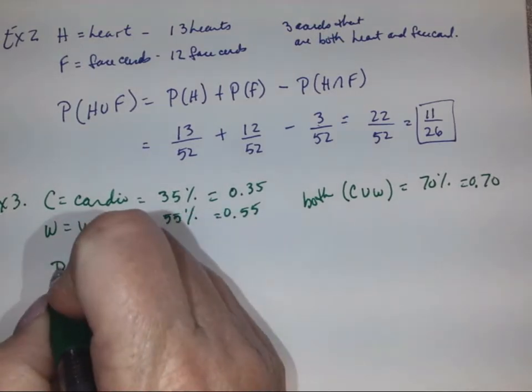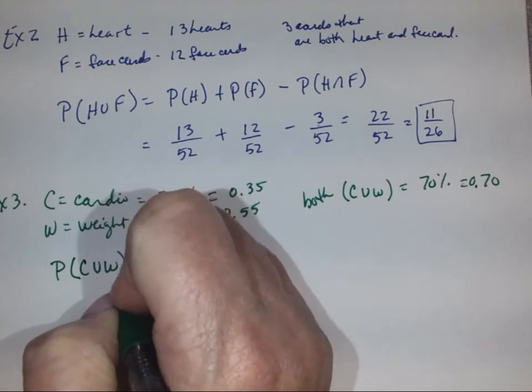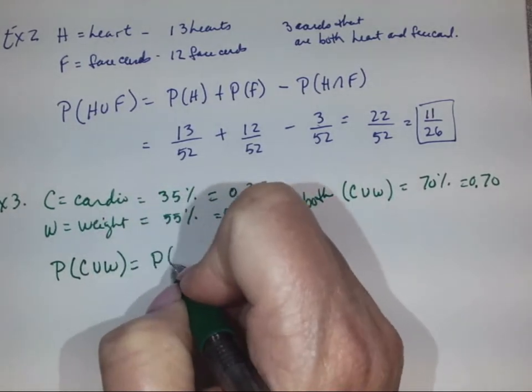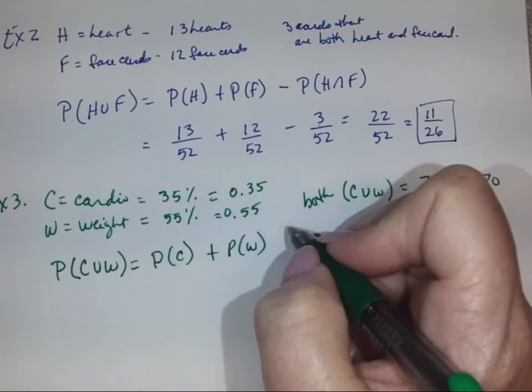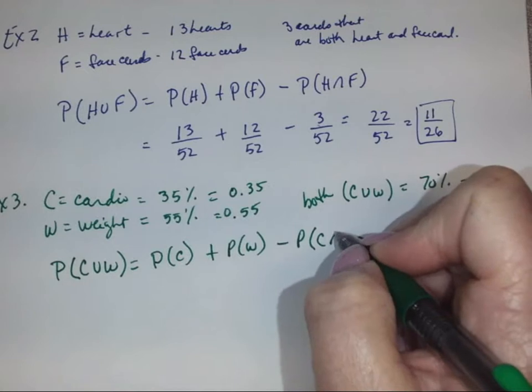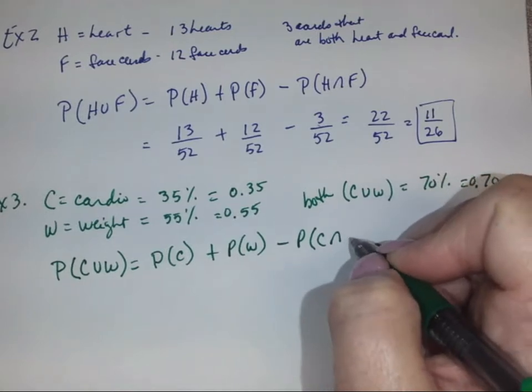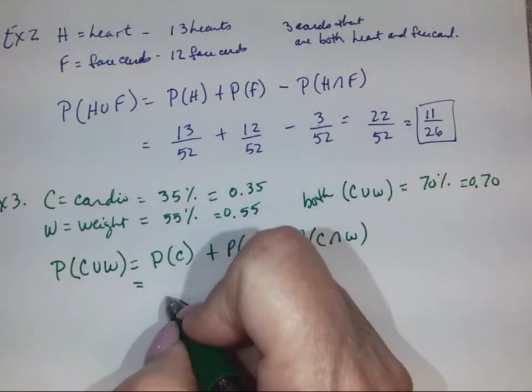So we've got the probability of cardio union with weight is equal to the probability of cardio plus the probability of the weight minus the probability of cardio intersected with weight. So let's see what we know. We know the probability of the cardio was 0.35.